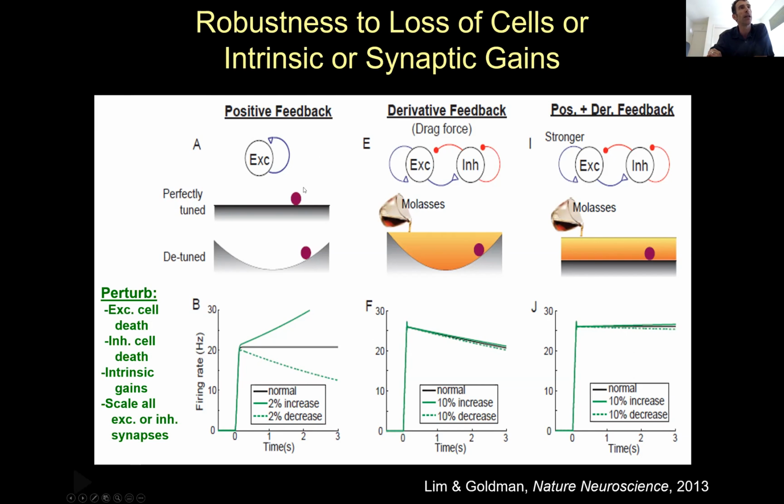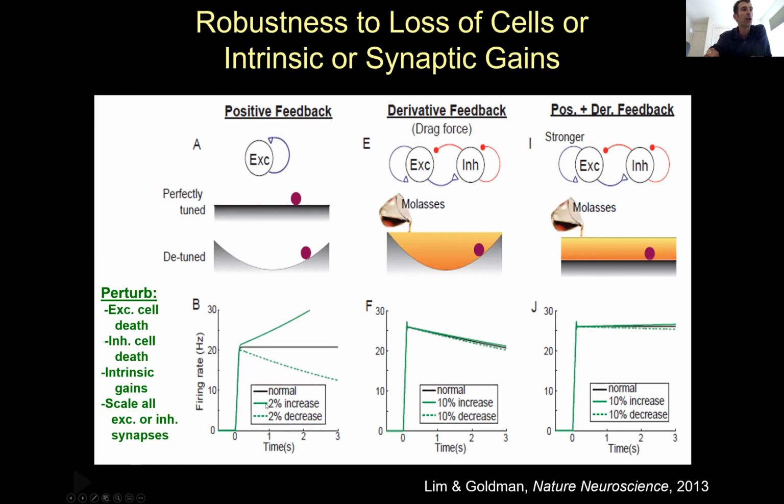One could also do the double inhibitory one. But if one kills some fraction of the excitatory cells, or in the double inhibitory one, kills some of the inhibitory cells, or changes gains, or scales excitatory inhibitory synapses, or puts any nonlinearities in, the network detunes. And that's because basically any of these manipulations will remove or disrupt the positive feedback.